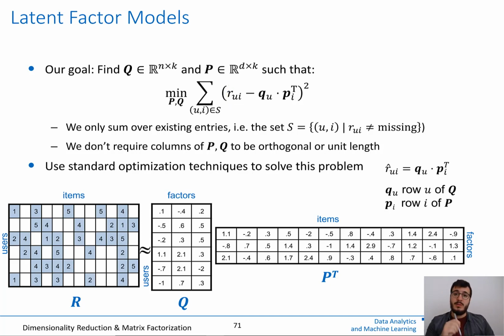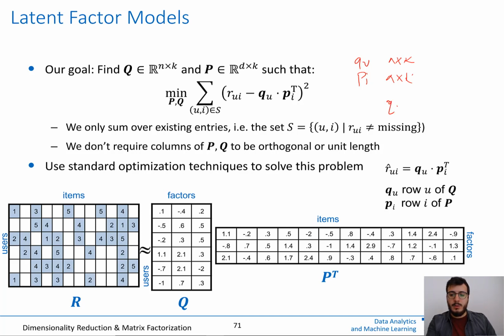So this is the rating that user u gave to item i. q_u is a row vector, and it's the row of the matrix Q. So q_u is a row vector of size 1 by k, and p_i is also a row vector, also of size 1 by k. So when we do q_u dot, sorry, let me write that again.